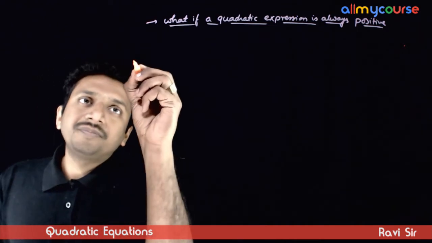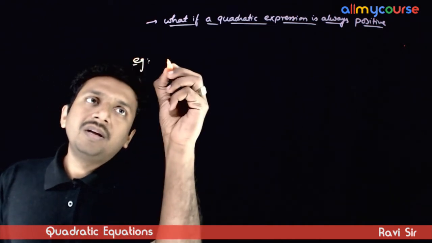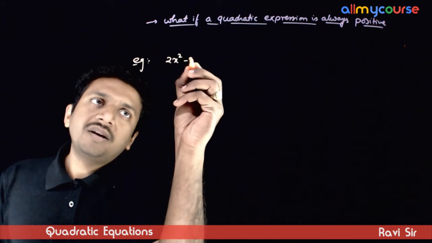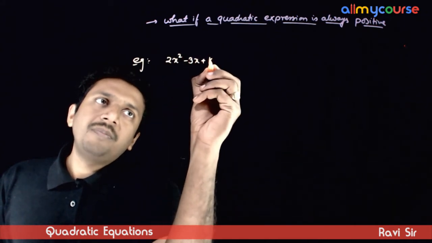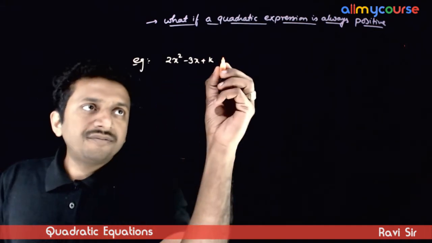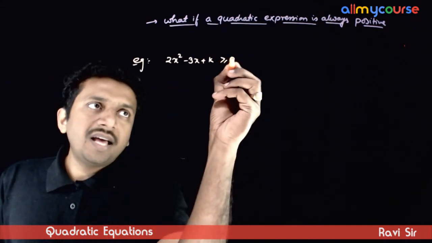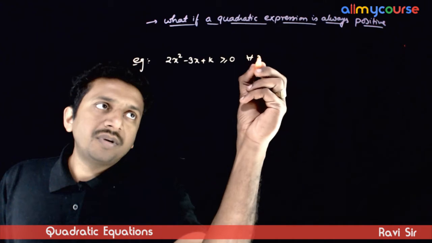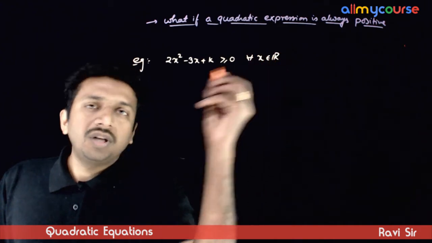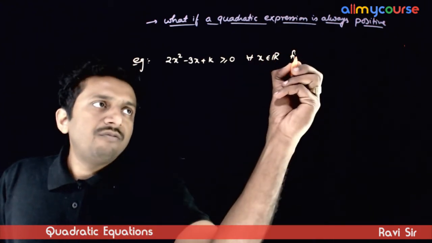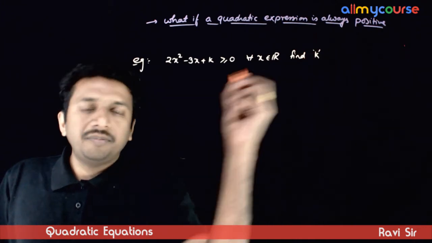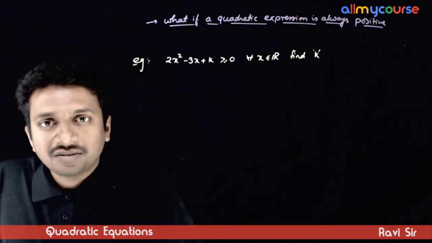For example, 2x square minus 3x plus k. If this is greater than or equal to 0 for all x belongs to real numbers, find k. The question is something like this.